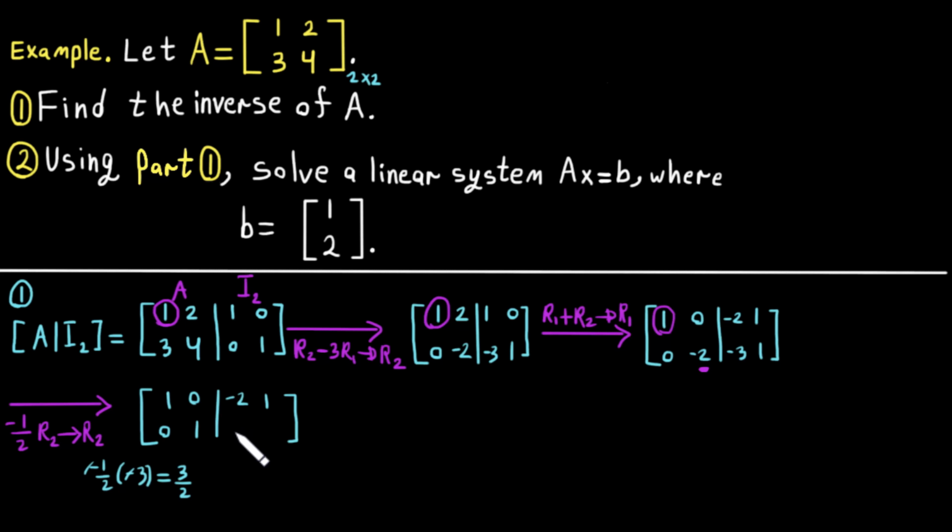So here I have to write 3/2. 1 multiplied by -half, which is -half. So that's it here. Let's go a little bit down.